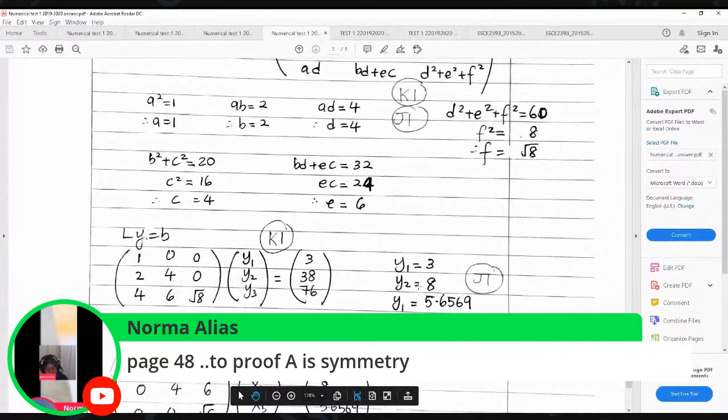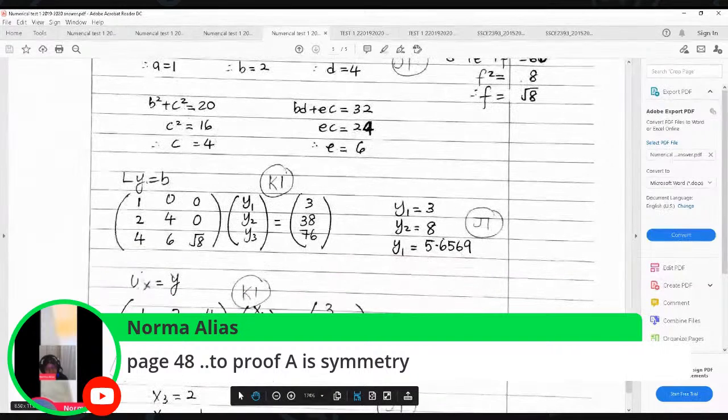And then use backward substitution to get X, which is L transpose X equal to W. I'm using U. You can use U times X1, X2, X3 equal to W1, W2, W3. You can get 2 marks here, method 1 and answer 1.